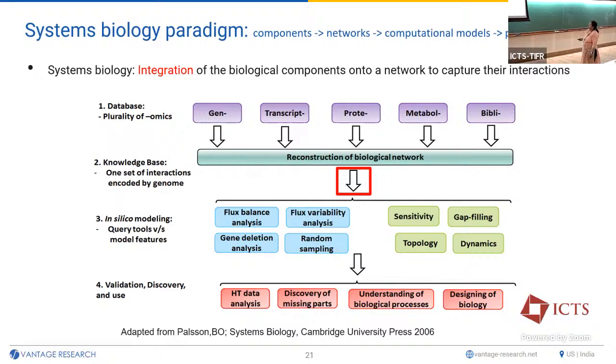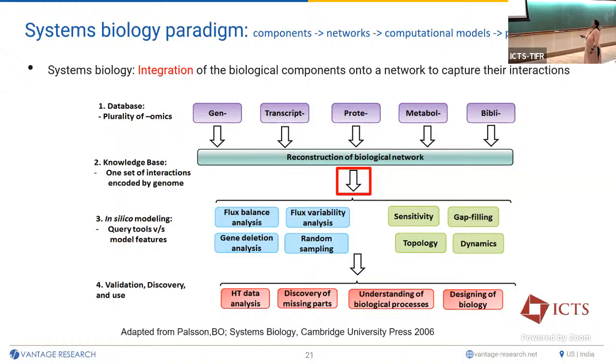This is a slide which I want to show you, only with the omics. There's one more omics called bibliomics, where you have a lot of literature data coming in. I think I did not put in fluxomics. You have the transcriptional regulatory information, you have post-translational modification omics, newer kinds of omics, thermodynamically constrained omics, right?